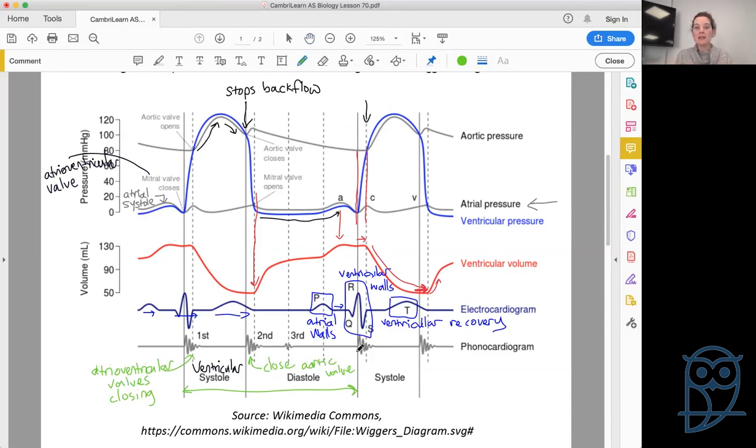all the different pieces that are involved in the control of the cycle through the electrocardiogram, and then the movement of the blood from the atria to the ventricles, and from the ventricles into the aorta. So it's really a fantastic overview of understanding the cardiac cycle and understanding the heartbeat. So it's well worth spending the time getting to know these diagrams and getting familiar with what you're looking at.